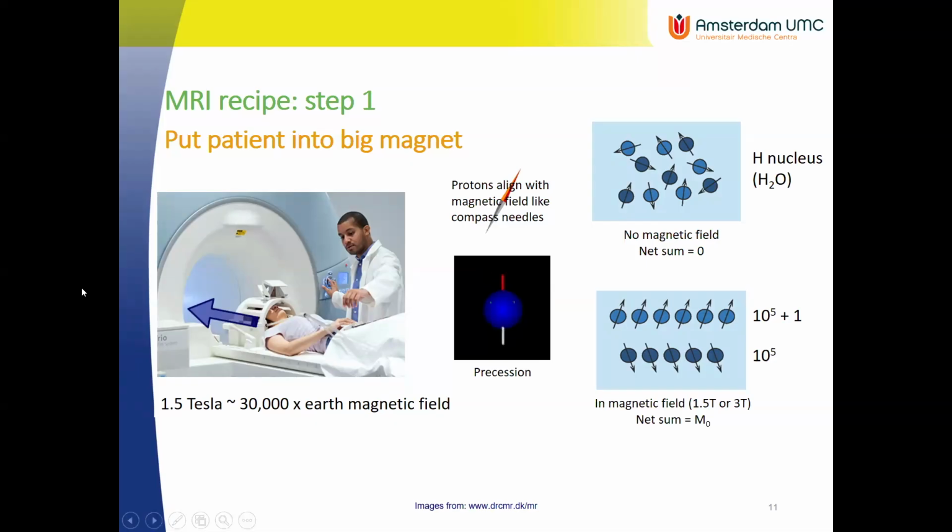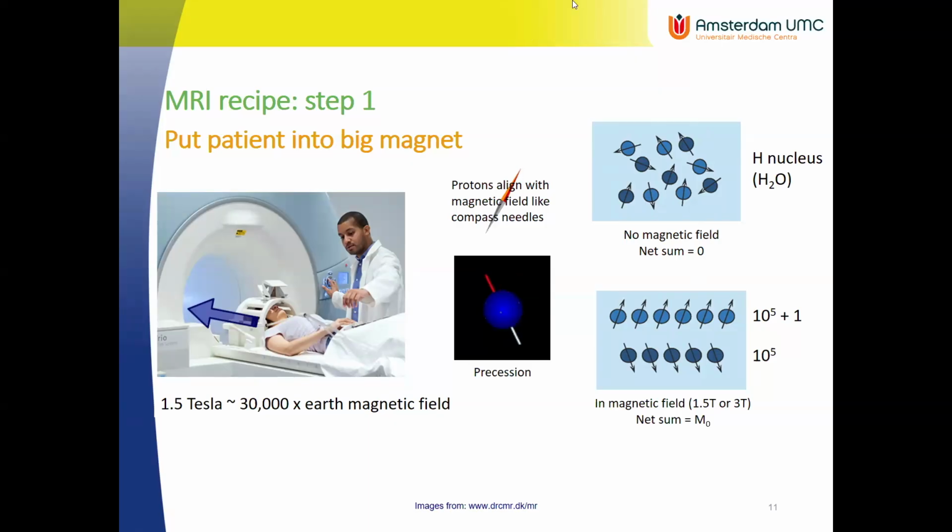The reason why we need such a strong magnetic field is that we have the spins, the protons, that are abundantly present in our body, because we have a lot of water and there you have a lot of hydrogen nuclei.